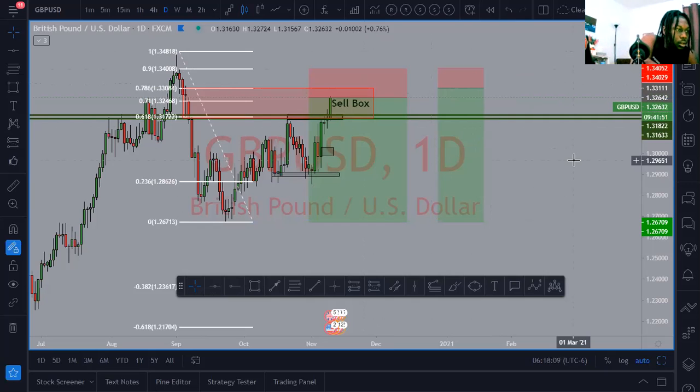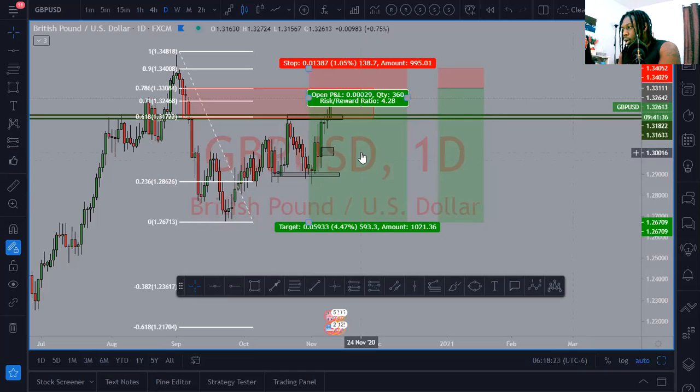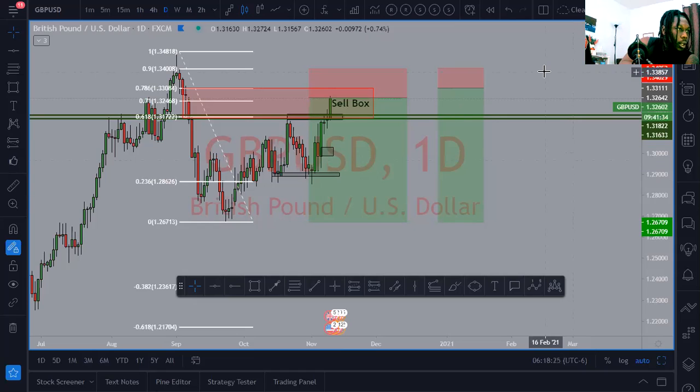GBP USD. So this is more of a swing type of trade, and how many pips am I risking over here? 138. Okay, so I'm going to put 0.10 on this, and then I'll have the rest later.